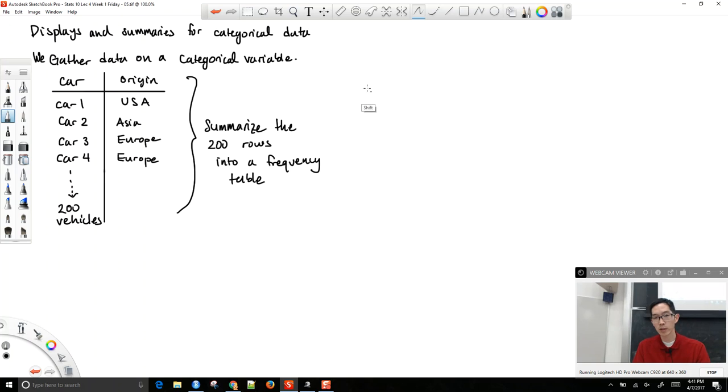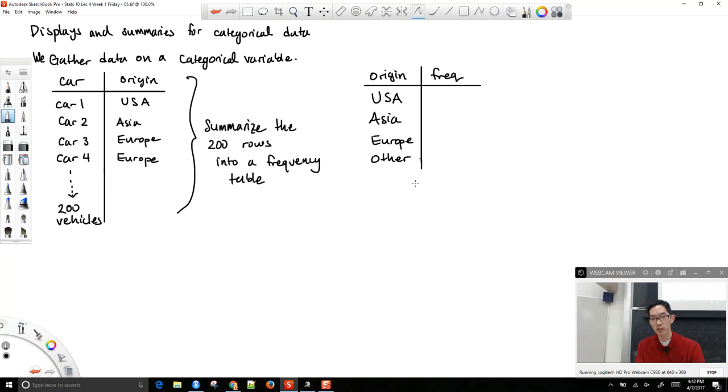With the frequency table, we take the origin and we measure its frequency. The origin categories will be USA, Asia, Europe, and then an other, just in case we come across a vehicle that doesn't fit any of the other categories.